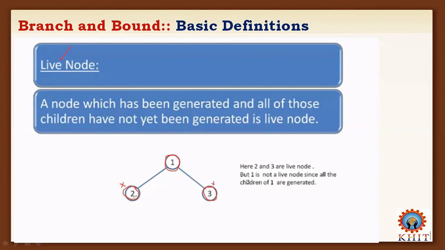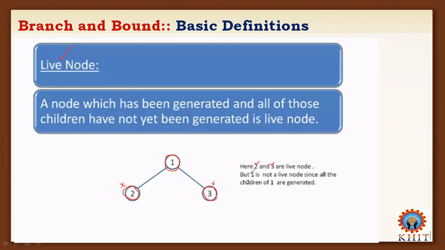Further, there is no possibility of generating child nodes for node 2 and node 3. Hence, I can consider node 2 and node 3 as live nodes.